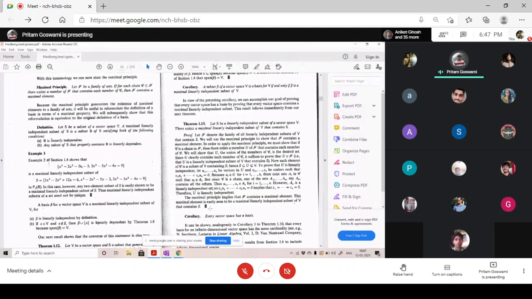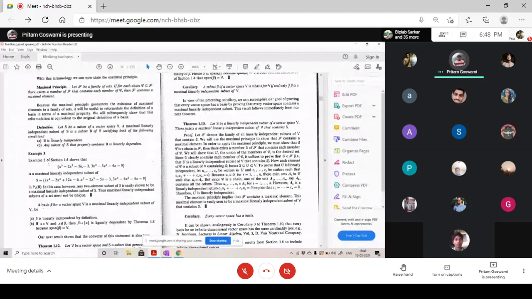By this relation, if you check the ordering, you will get a partial order, and from that, all the maximal linearly independent subsets will be the bases. Clear? Yes, sir. Okay. So this is just a theorem.